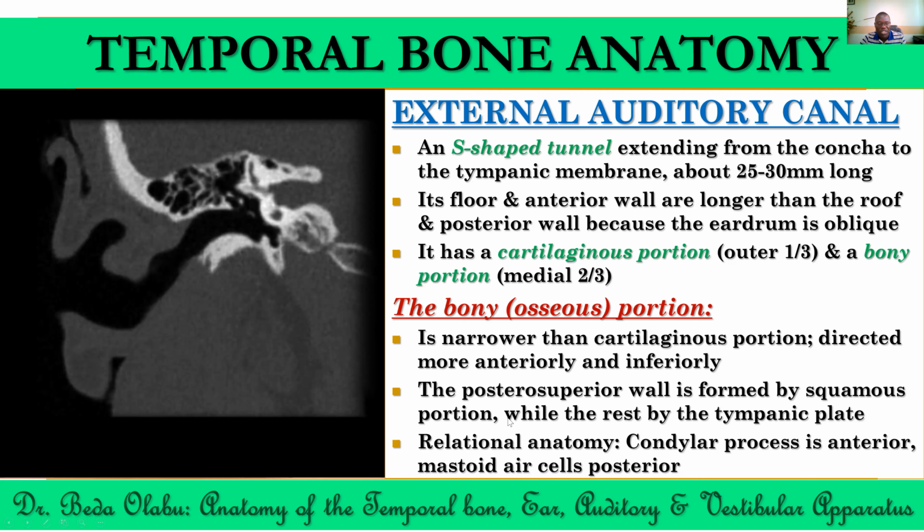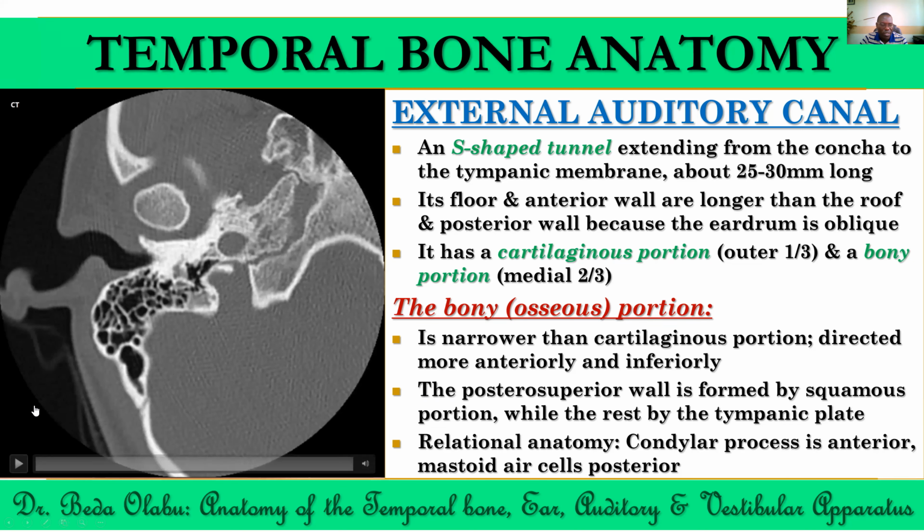In terms of its relational anatomy, the condylar process of the mandible will be anterior to the external auditory canal, and the mastoid air cells will be posterior to the external auditory canal.